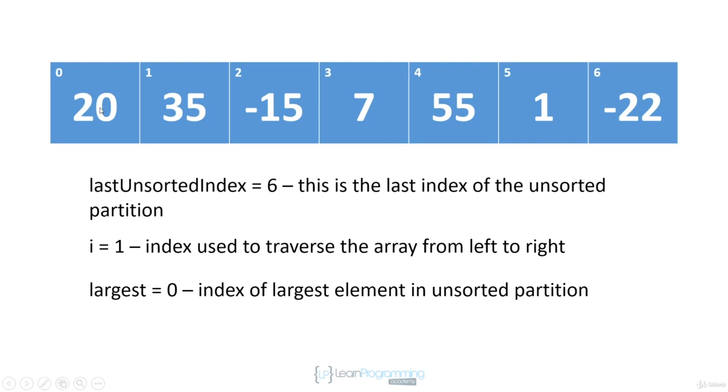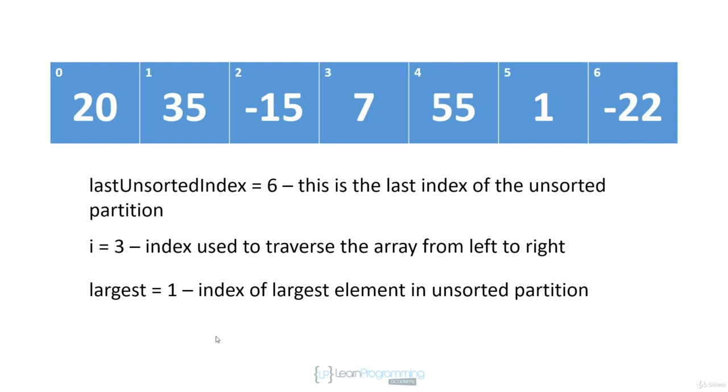That's initialized to 0. So we're going to compare 35 to 20, and we're going to say, hey, 35 is larger than 20, and because of that, we're going to change largest to 1, and then we're going to increment I to 2. And we're going to compare minus 15 to the largest element, which is now at position 1, and we're going to say, well, minus 15 is less than 35, so we're just going to increment I to 3.